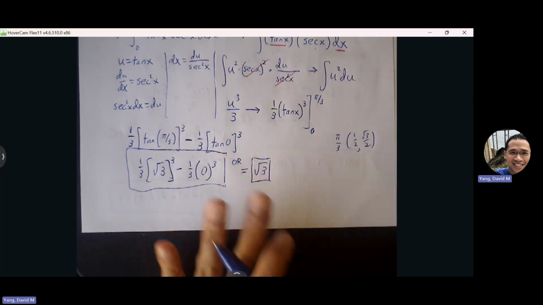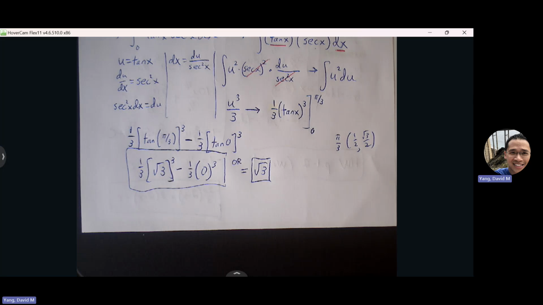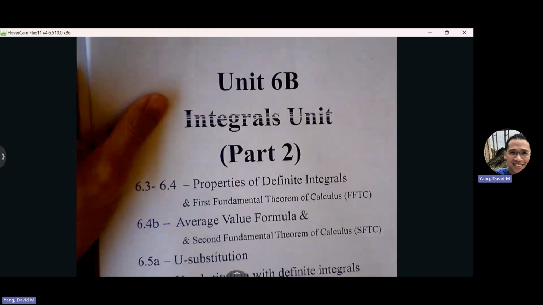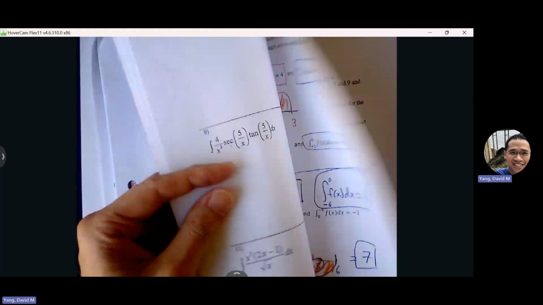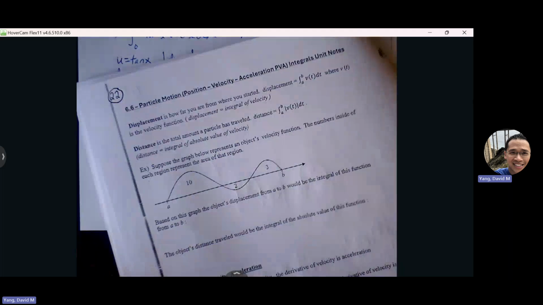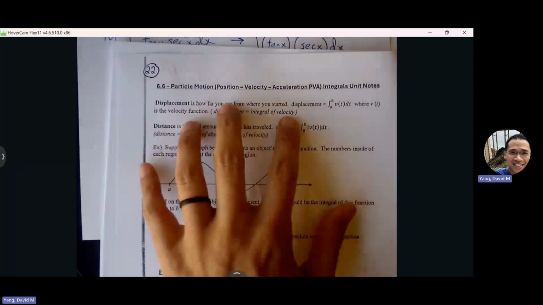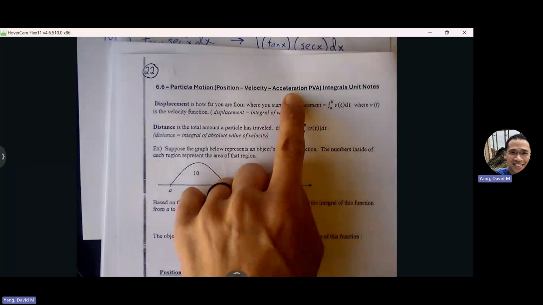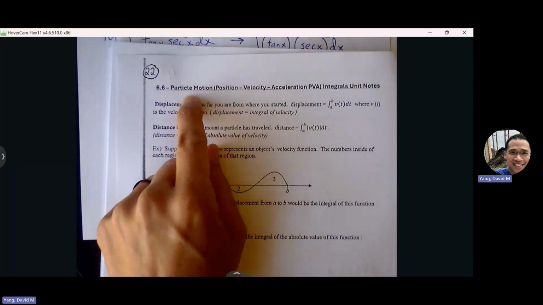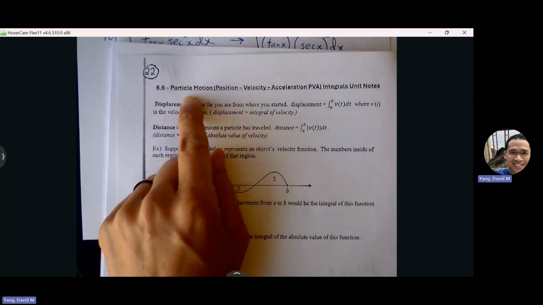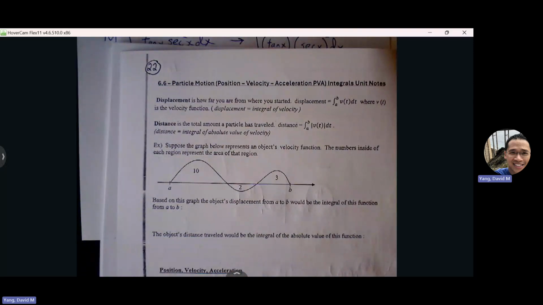Okay, we're going to do some more review here, but I just want to give you a preview for tomorrow. Tomorrow, you all still have this packet, right? This part 2 packet. We haven't done page 22 yet. This is particle motion. This is not going to be on the test, but this is going to be on the calculator portion. So tomorrow, I do want to spend some time going over this, so make sure you have this packet handy.